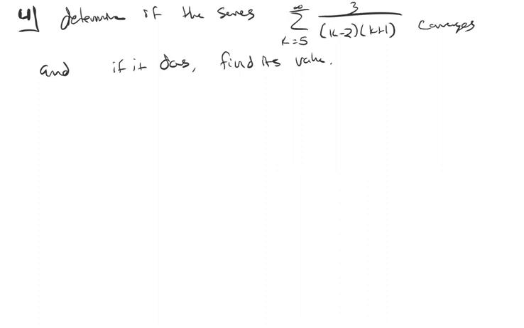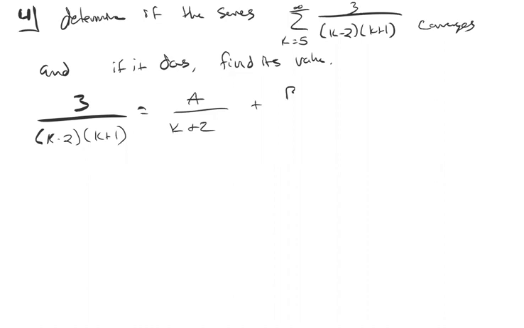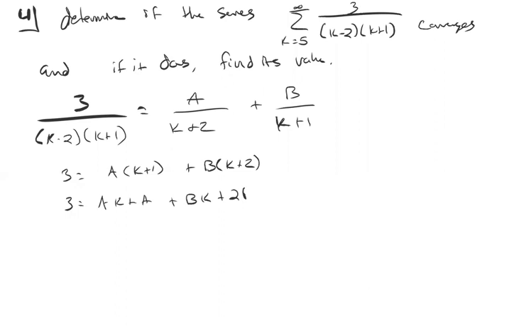So as we've done before, we want to use a partial fraction decomposition to more easily see the telescoping behavior of this sum. Okay, so we get that 3 is A times k plus 1 plus B times k minus 2. 3 is Ak plus A plus Bk minus 2B.